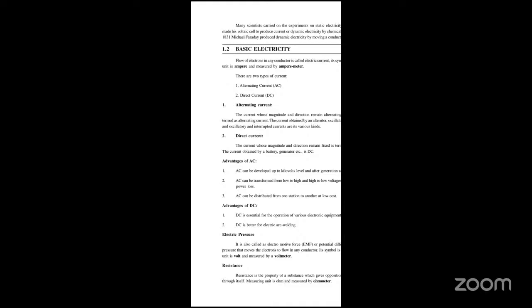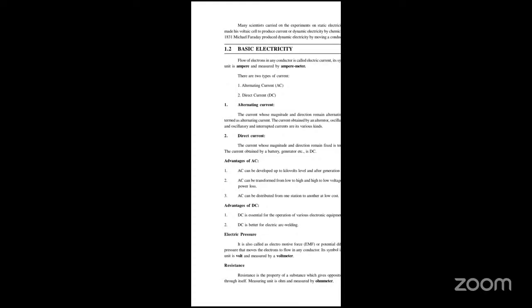EMF or potential difference, both are the same. Electromotive force or potential difference, both are the same. It is measured in units of volt, measured by a voltmeter. So the measuring unit is volt, the measuring device is voltmeter. And what is the definition of potential?